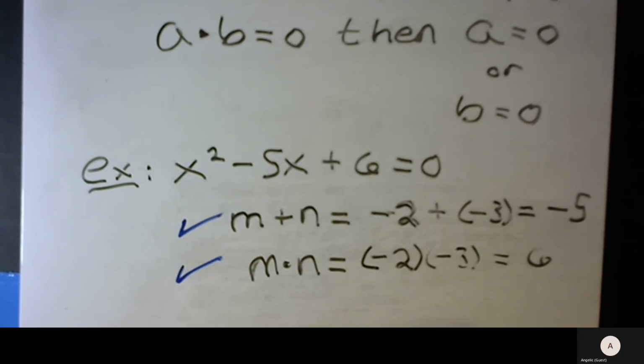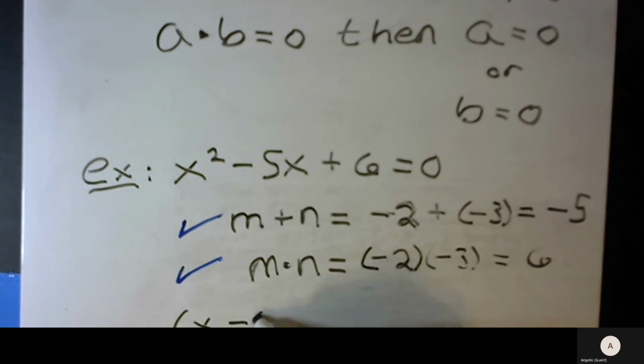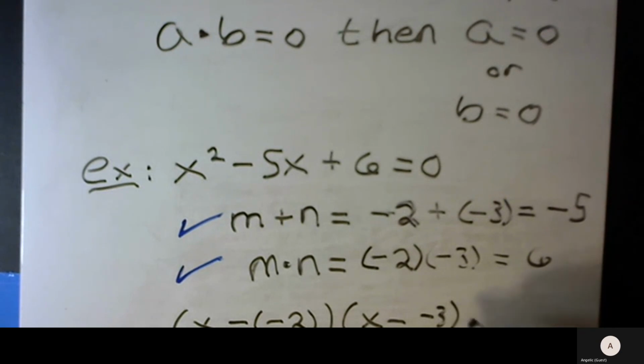So that means we can rewrite this as x minus -2 times x minus -3. Here, let me check my math here on this. Yes, okay.